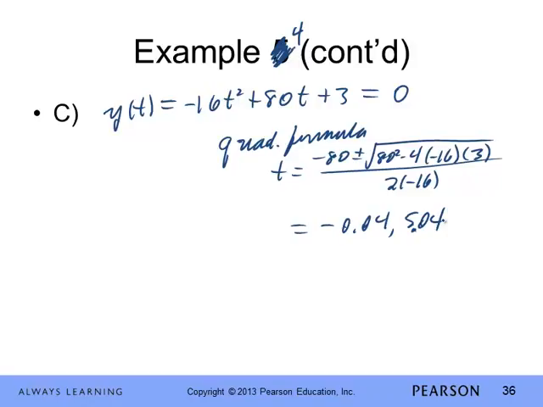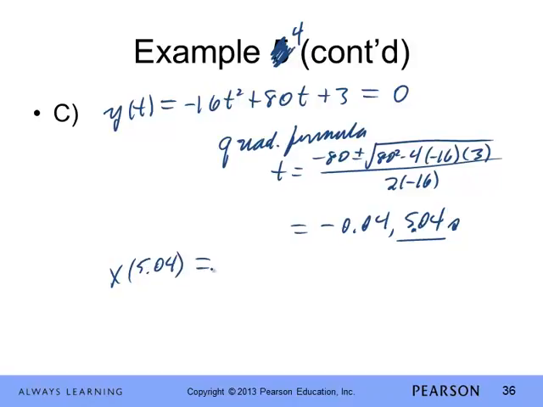So then what do you do with this value for t, 5.04 seconds? Well, you plug it back into the x equation, as in how far did this object travel horizontally in 5.04 seconds. So we'll take x of 5.04 seconds.